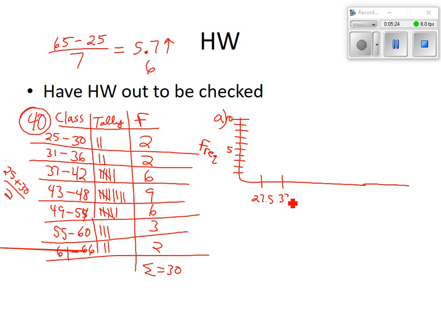So that's 33.5, next one's 39.5, 45.5, 51.5, 57.5, and we need one more: 63.5.